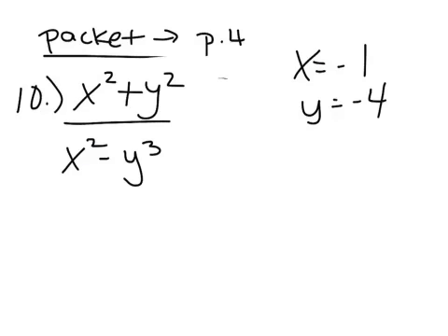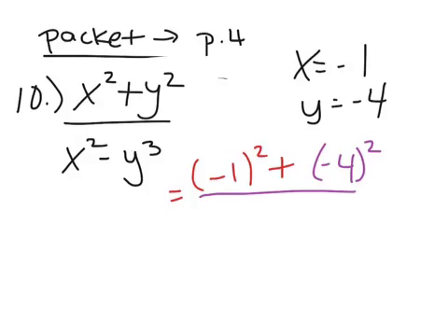Alright, for this one, most people had the right idea, but there was a common mistake that was made in the denominator. So first we're going to plug in our values. x is negative 1, so this is going to give me negative 1 squared, plus y squared, so plus negative 4 squared, divided by, again, negative 1 squared, minus negative 4 cubed.